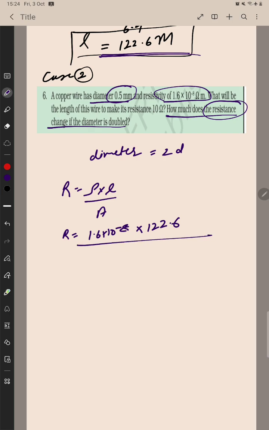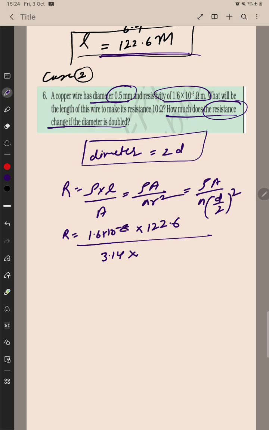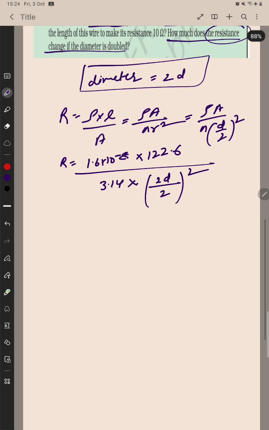And A means what? Pi r square. So the pi value we already know is 3.14, multiplied by r, and r means d by 2, squared, right? Now here they have the second diameter become double, so 2d by 2, and all that is going to be squared, that becomes the radius.